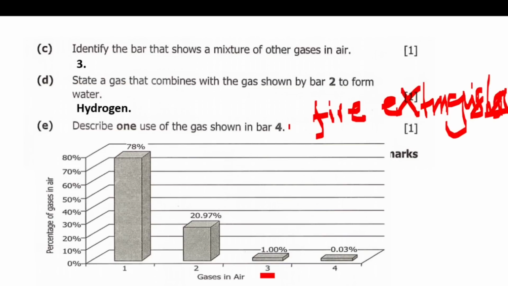Then also it is used in carbonated drinks. It is also used in baking.